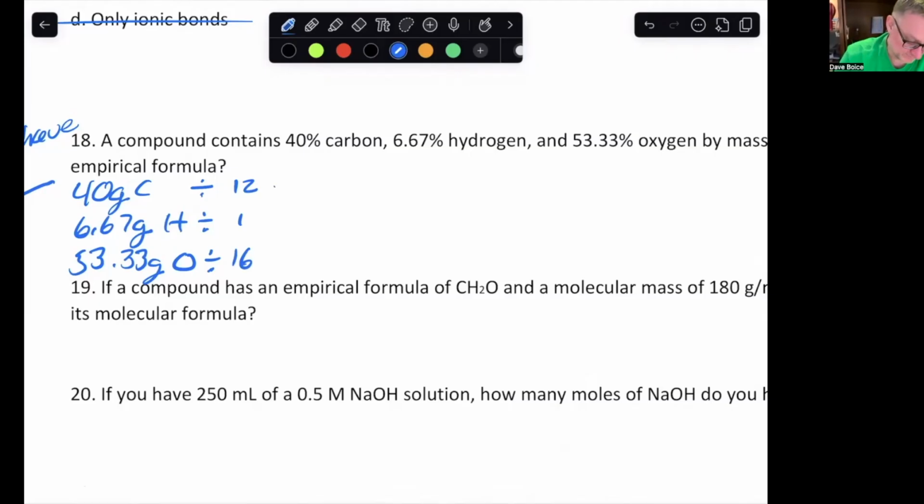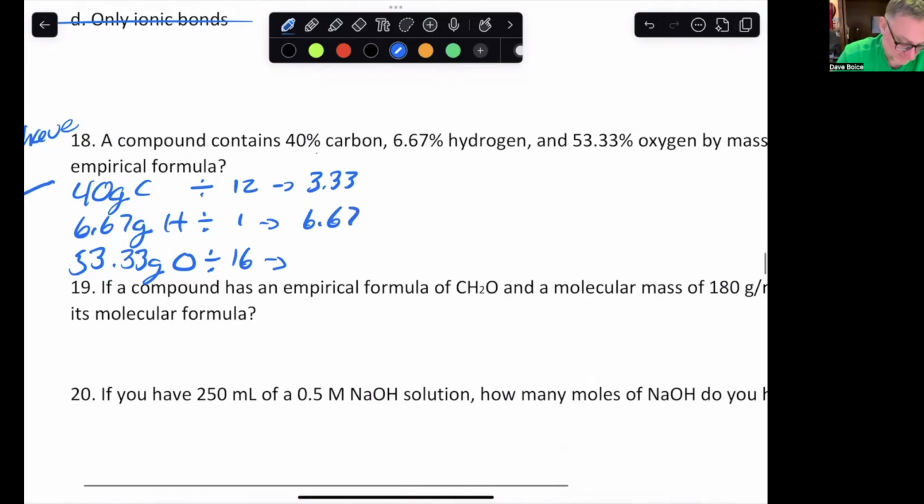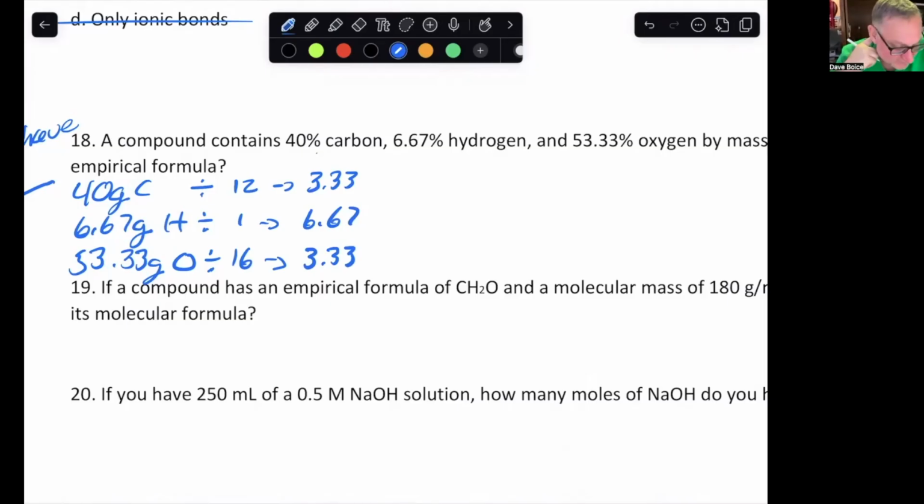And so that's going to be 3.33 moles, 6.67, and again 3.33. So 53.33 divided by 16 is 3.33. 6.67 divided by 1 is itself, and then carbon 3.33.